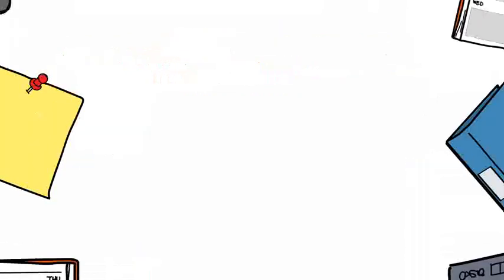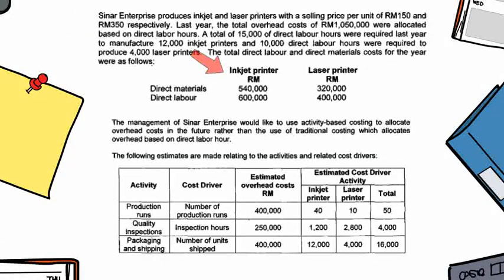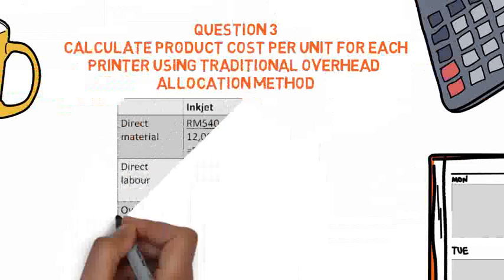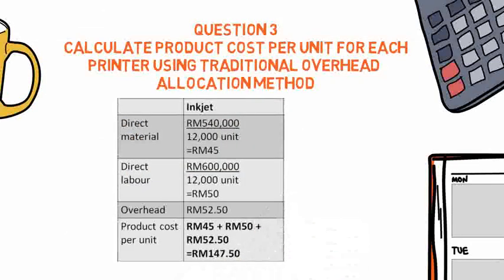As highlighted, direct material cost and direct labor cost for inkjet printer are RM540,000 and RM600,000, respectively. So, direct material cost per unit for inkjet is RM540,000 divided by total units manufactured, which is 12,000 units, equals RM45. Direct labor cost for inkjet is RM600,000 divided by 12,000 units, equals RM50.